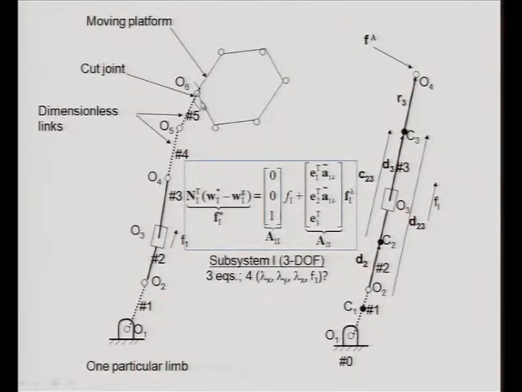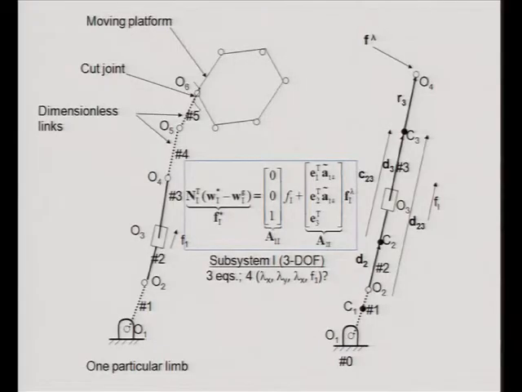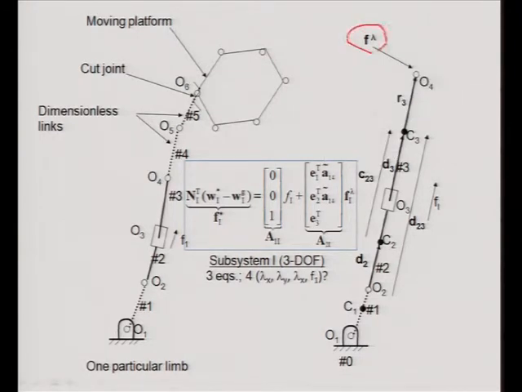So, what we do is we cut it here, and since a spherical joint cannot resist moment, it will only resist force. So, only 3 components of Lagrange multipliers will show up here, the reaction forces. That is indicated by this notation. So, 3 components, okay, 3 components.